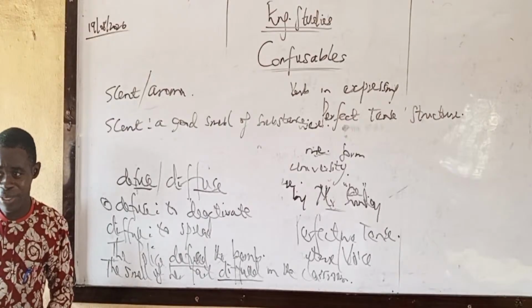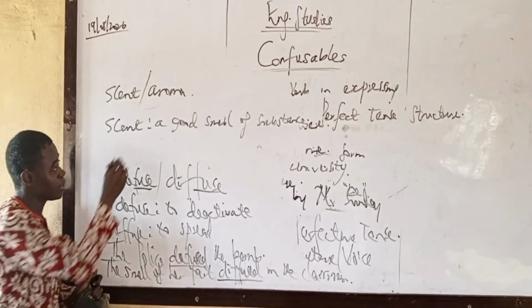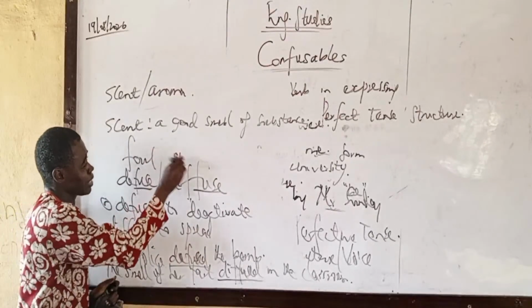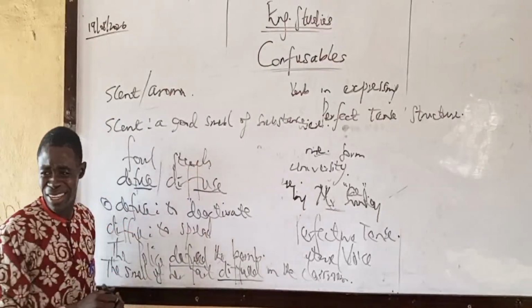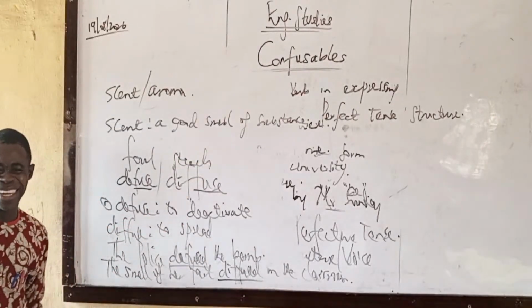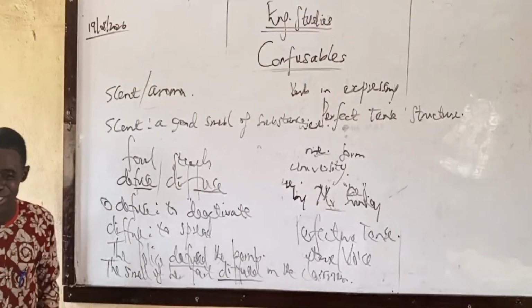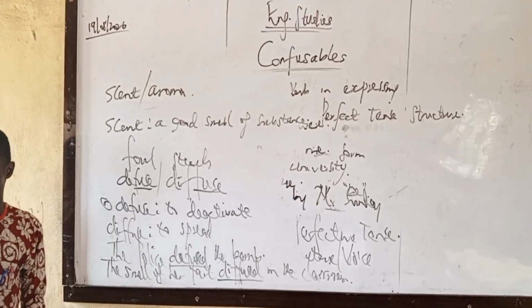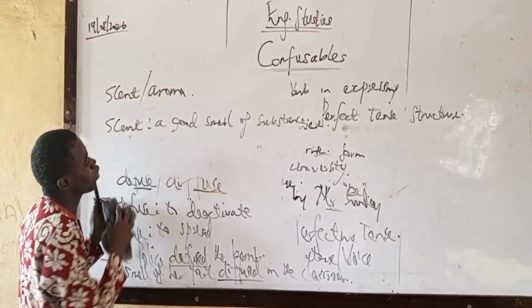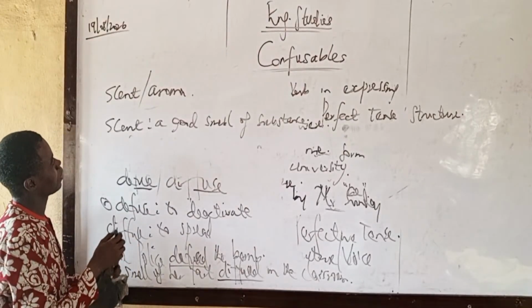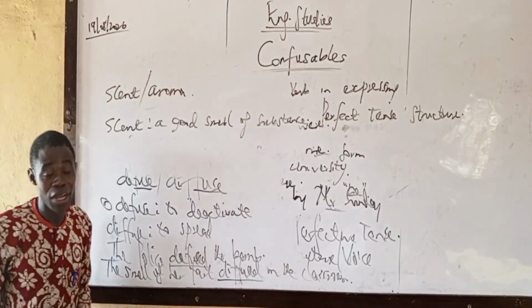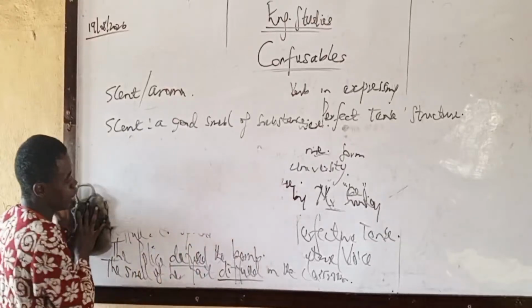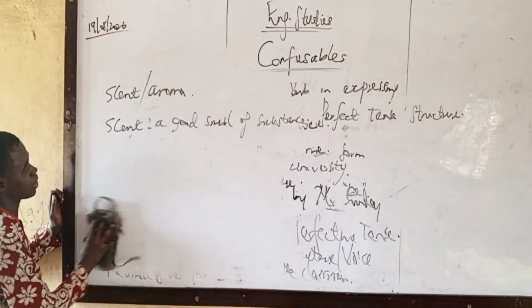Have you heard of foul smell? Foul smell, yes. Have you heard of stench? Stench, yes. Smell from dirt. So, a good smell of a substance. I conclude on that, right?